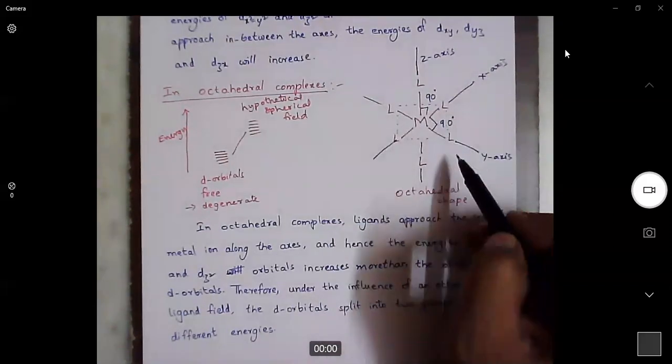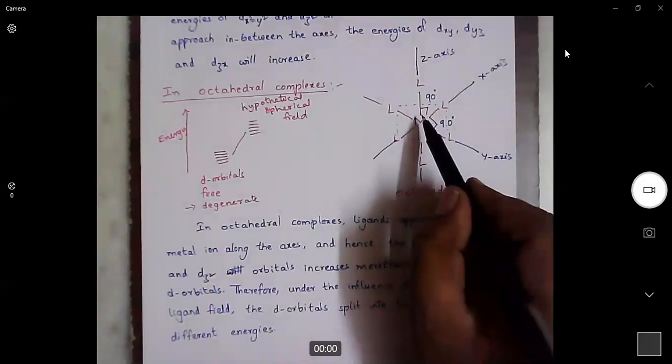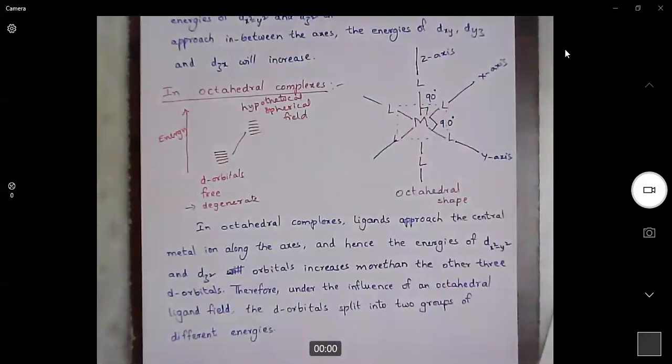X and y axis are in the plane, z axis is out of the plane. Now you see, in an octahedral geometry, all the ligands are approaching the metal along the axis.